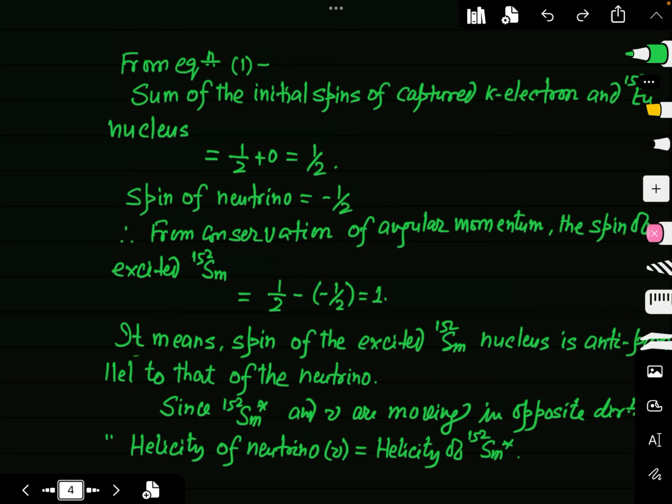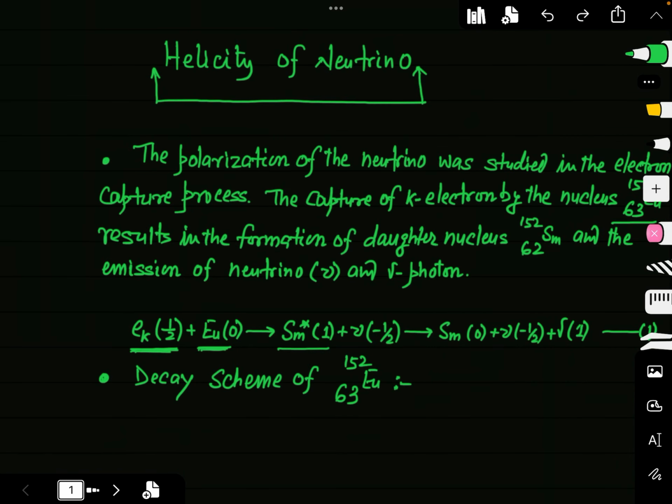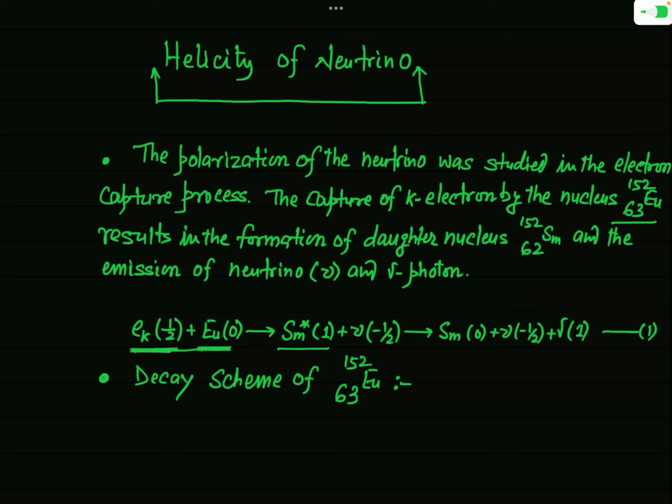Now you can see from equation 1, which I have mentioned earlier, that the total spin angular momentum of the reactants, that is the captured electron and the parent nucleus Eu, will be 1/2 plus 0, that is 1/2.